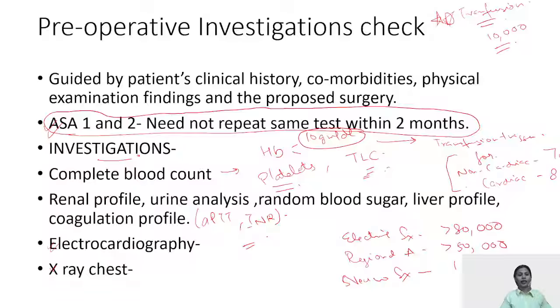Coming to ECG and X-ray, generally recommended after 45 years in females and 40 years in males. Okay, I repeat, ECG and X-rays are generally recommended in males above 40 and females above 45 years.